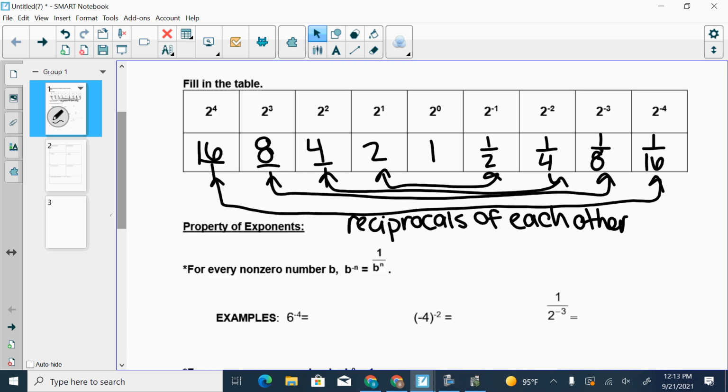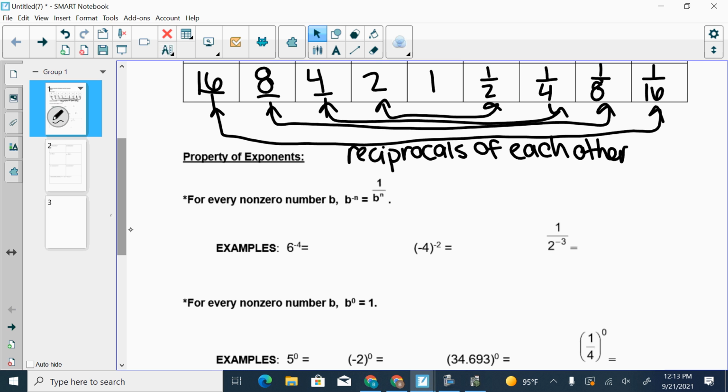Okay, so whenever you have some number being raised to a negative exponent, it should get you the same thing as it would if it was raised to a positive, but flip it over, right? So that being said, if we have some base being raised to a negative exponent, I could rewrite that as 1/whatever that was, right?